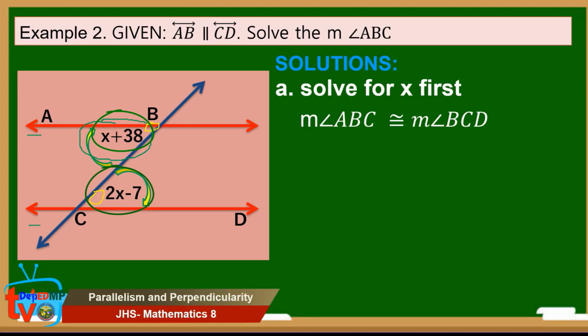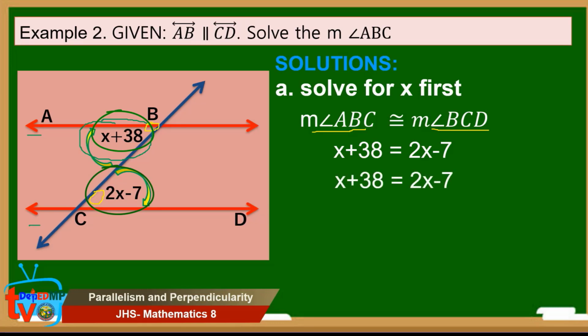Next, we substitute the given expressions. From angle ABC is equal to x plus 38 and angle BCD is equal to 2x minus 7. Next, solve this algebraically. Collect similar terms.